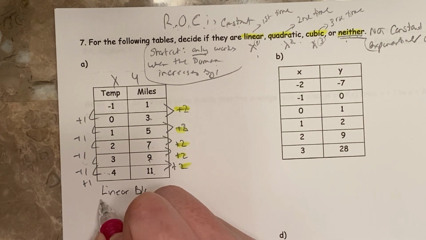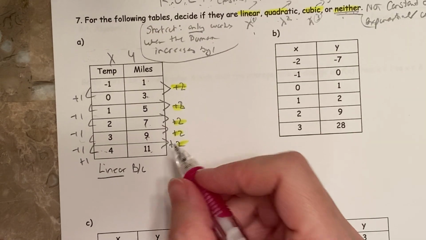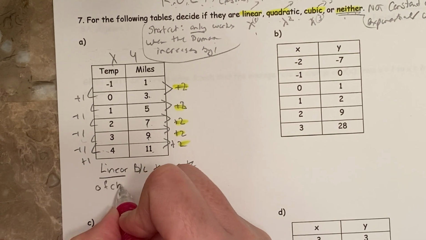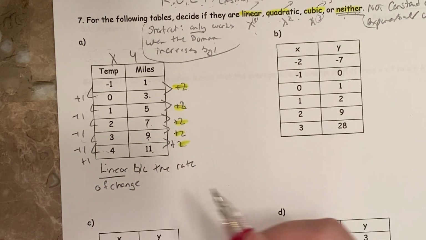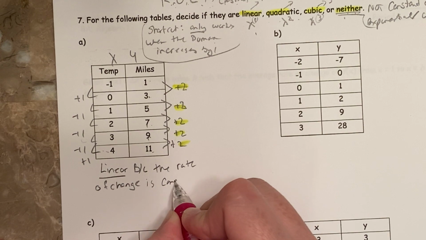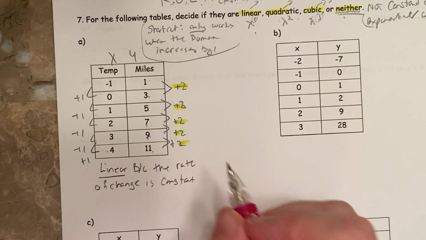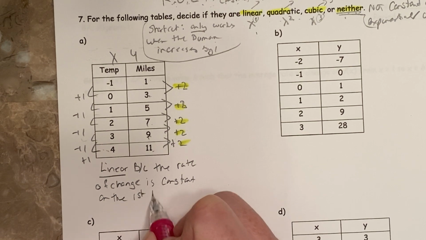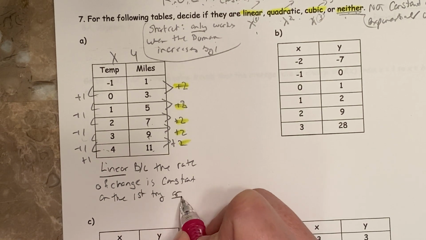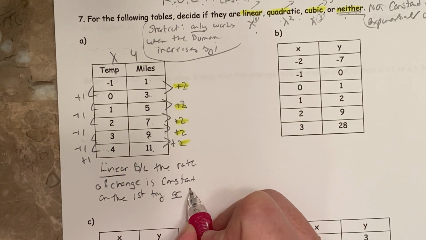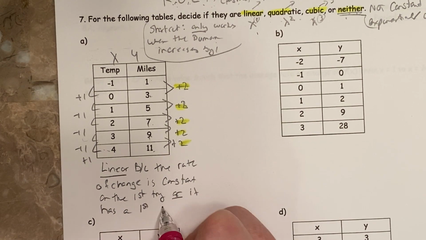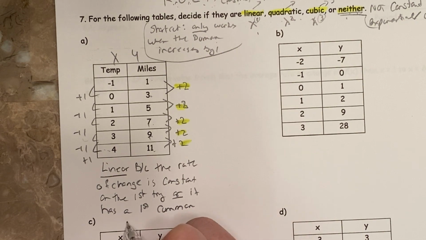So it's linear, and yes, you need an explanation, because the rate of change is constant on the first try, or it has a first common difference.